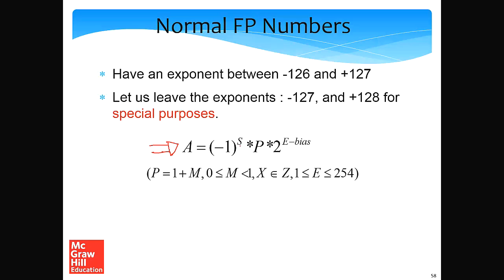We have the sign bit, minus 1 to the power s, multiplied with the significand, where the significand is of the form 1 plus m, m being the mantissa, strictly less than 1, multiplied by 2 to the power e minus bias, where e is the representation of the exponent. So e is between 1 and 254. The values of 0 and 255 are reserved for special purposes.